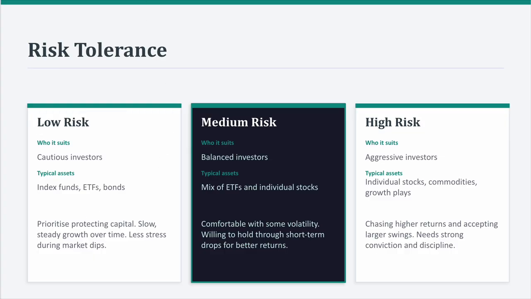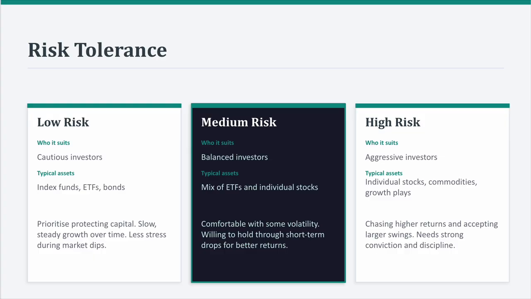Medium risk is for people who are more balanced. This is what I have right now: a mix of some ETFs and some individual stocks, which is typical for a medium-risk holder. Now, a high-risk individual is someone who's more aggressive, who is more willing to incur losses and take more risks for the possibility of a higher reward.